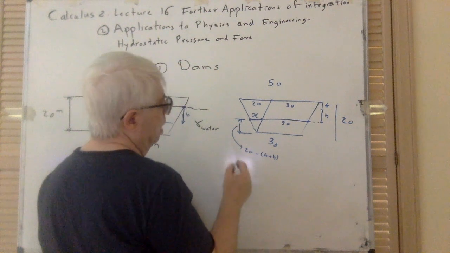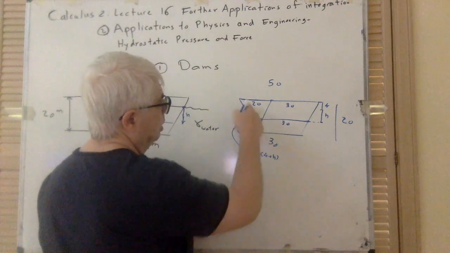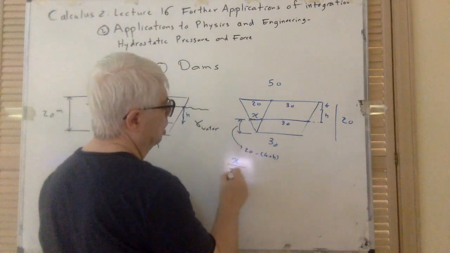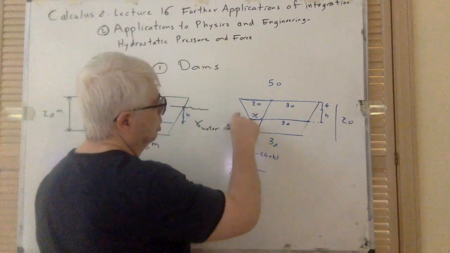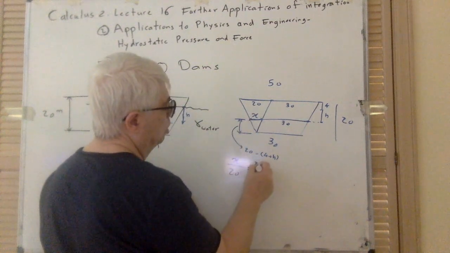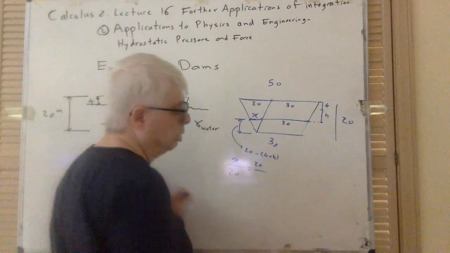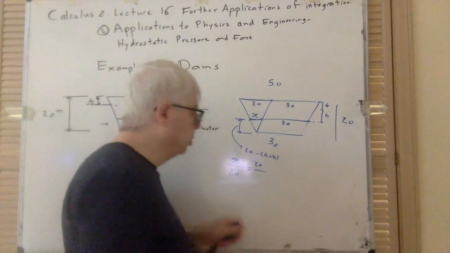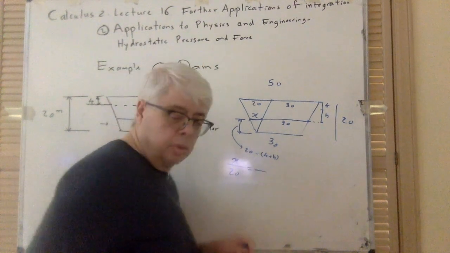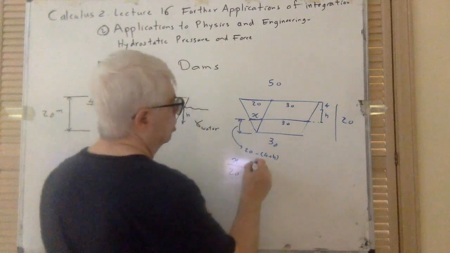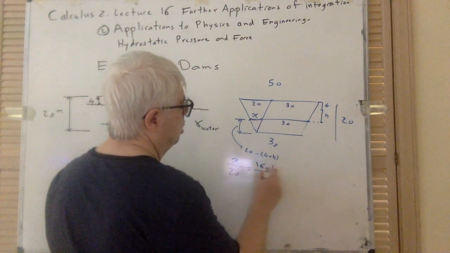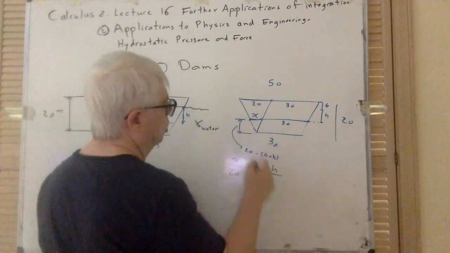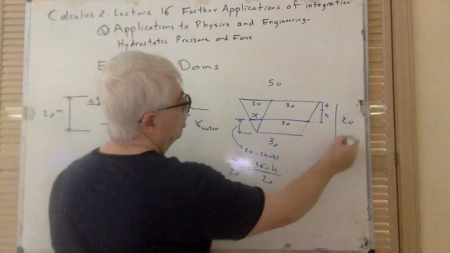So I have x over 20 is this height, which is 20 minus 4, which is 16, minus h, over the whole thing, which is 20 again.